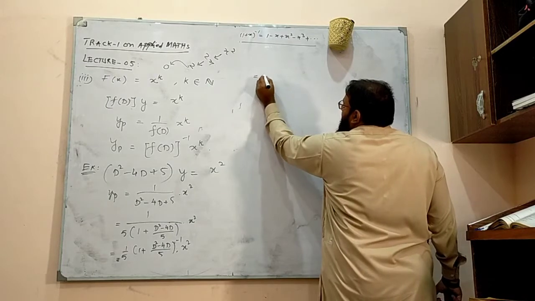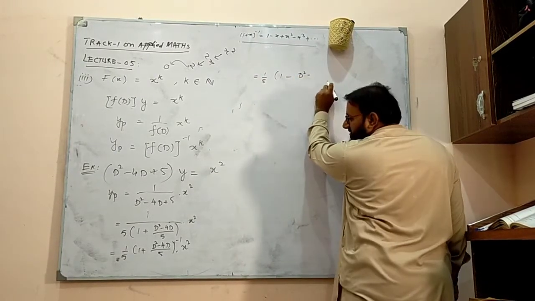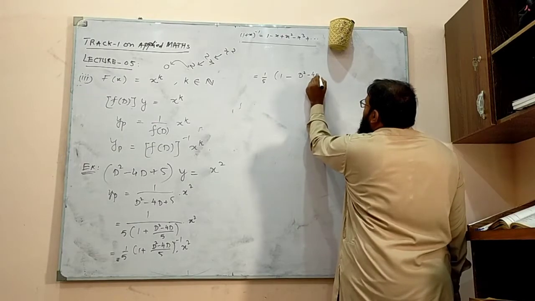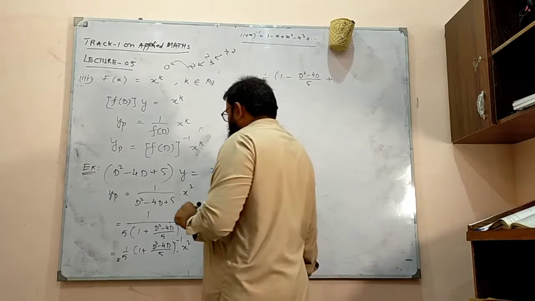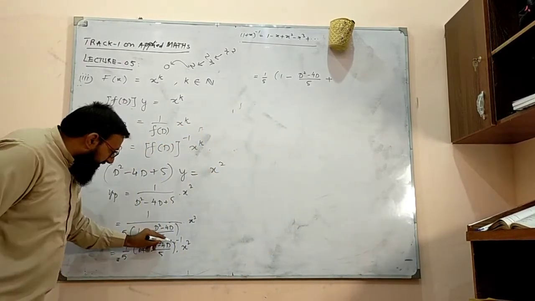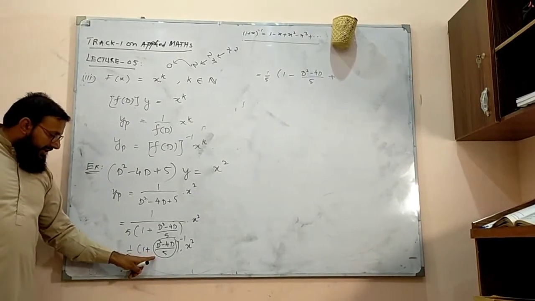So 1 over 5, this becomes 1 minus d square minus 4d over 5 plus the square of this. I am assuming this whole thing to be x.